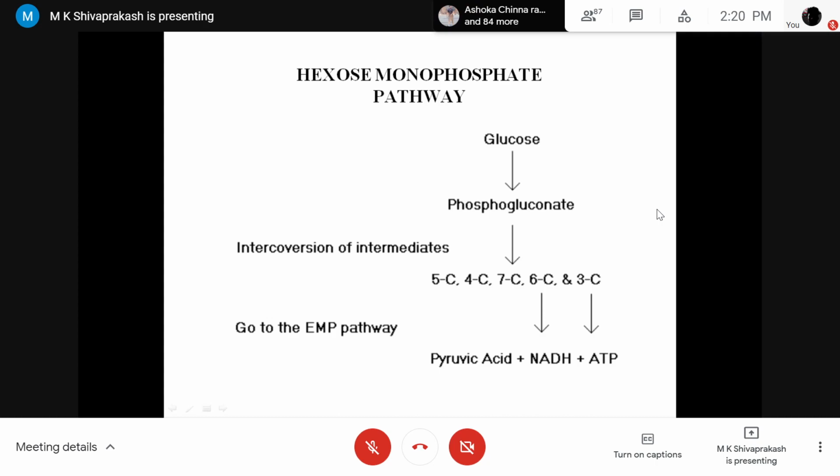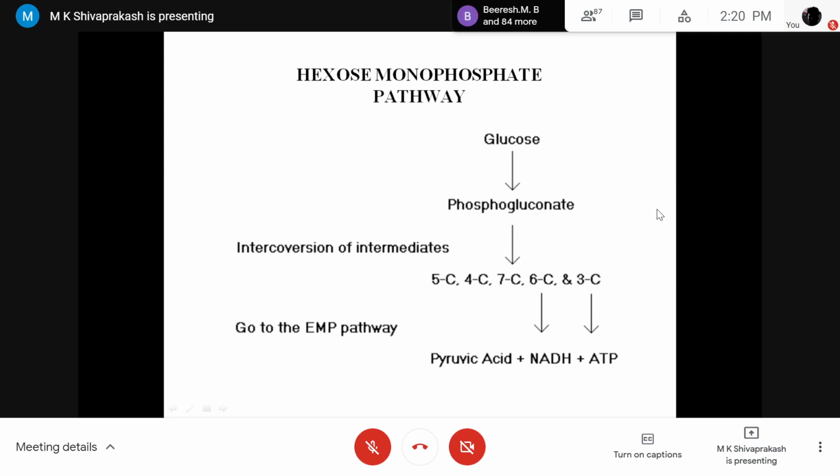All these are produced, and among them the 5 carbon sugars, mainly in the form of ribulose and ribose, are made use of in the biosynthesis of nucleic acids.